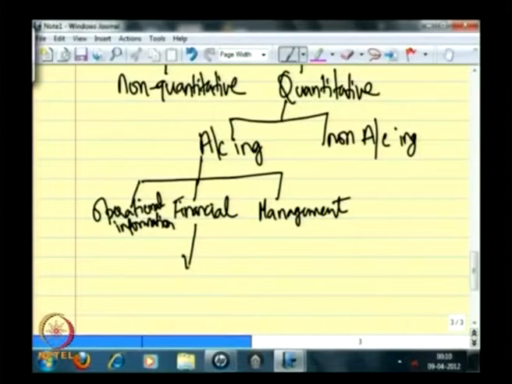But from a reporting perspective, I would say that I am not really concerned, though it is relevant information for accounting and quantitative. For the purpose of reporting, I would restrict the information that I need broadly into these two categories, namely financial and management accounting. Now, financial accounting, as I said in last class, it is actually more for the purpose of internal managers to capture this information that we have been talking about, as well as external stakeholders.